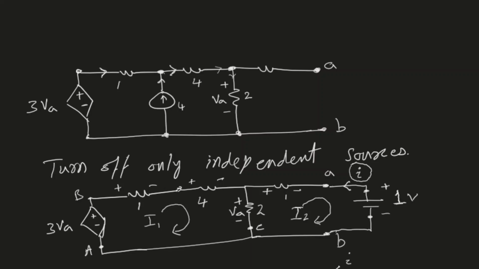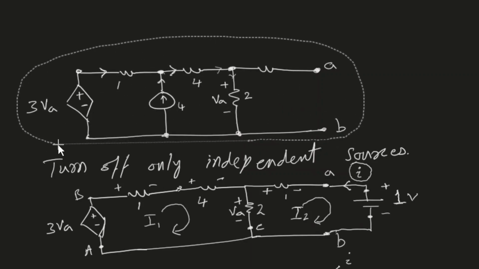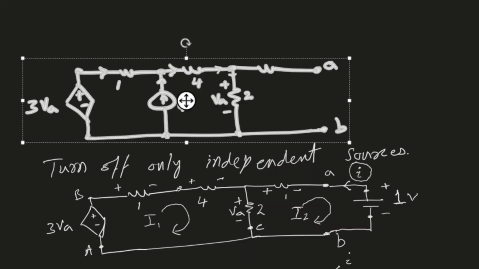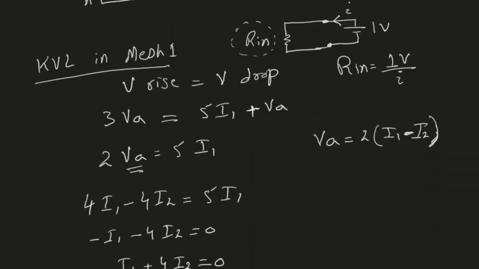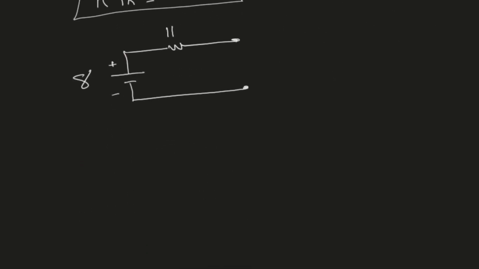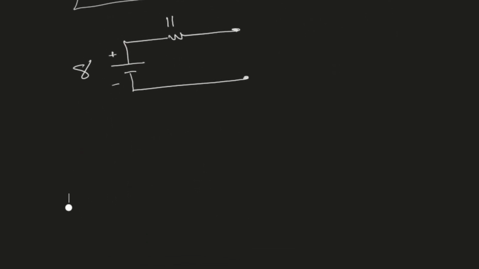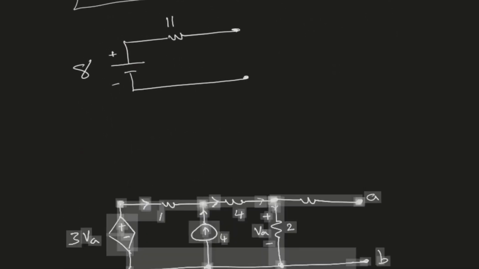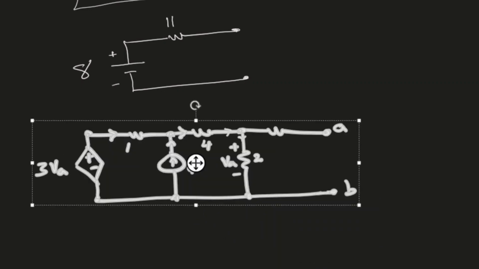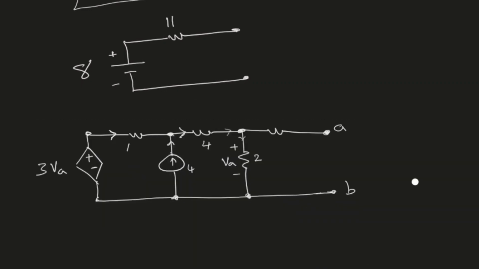So let me just choose a load resistor. I'm going to copy this. All right, so this is our original circuit, and we have a Thevenin equivalent model.